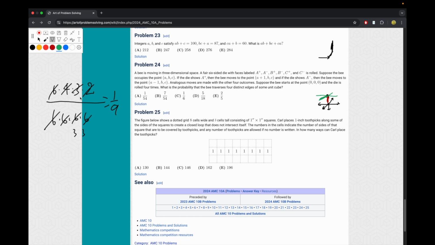So we have 4. Now let's say that it went this way, just for convenience, this way. Now here it has more cases. It can go further back, it can go down and meet here, or it can go here, like front.